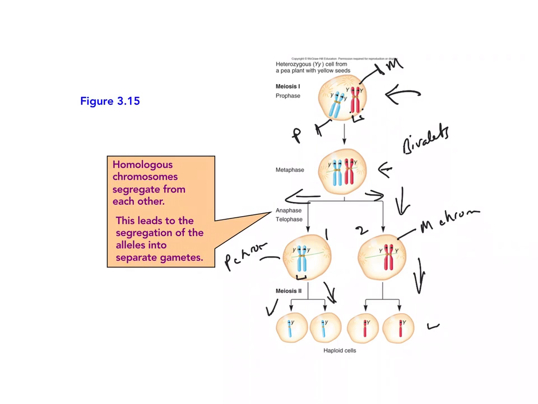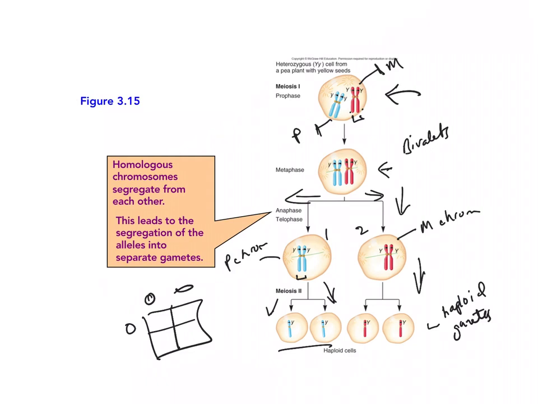Now this ultimately ends up being our haploid gametes, where we can think back to our transmission genetics and our Punnett squares. These are what we would be putting along the outside of the Punnett square, here and here and here. This represents the gametes here, and this potentially represents gametes here, if we were dealing with two separate individuals.